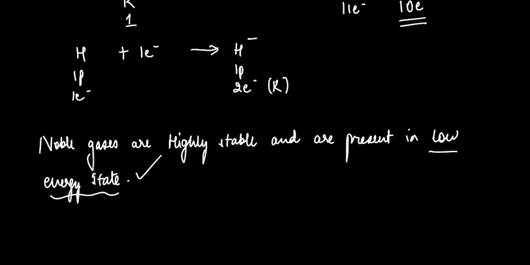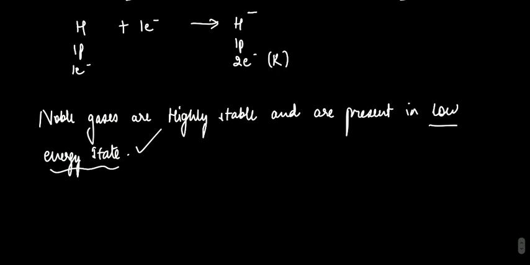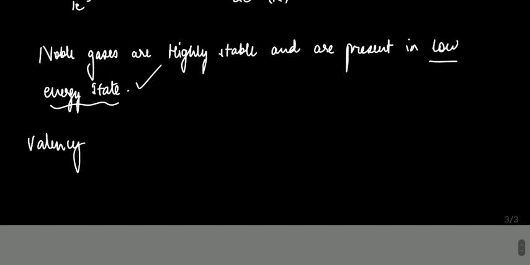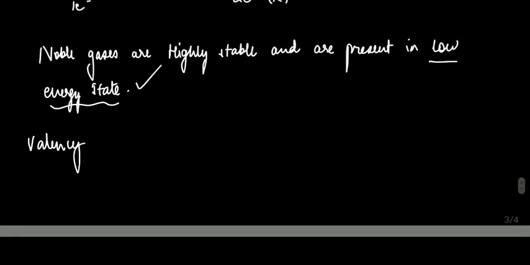So moving ahead, before starting with the 1 to 20 atomic number chart, electronic configuration, etc., we need to understand valency.